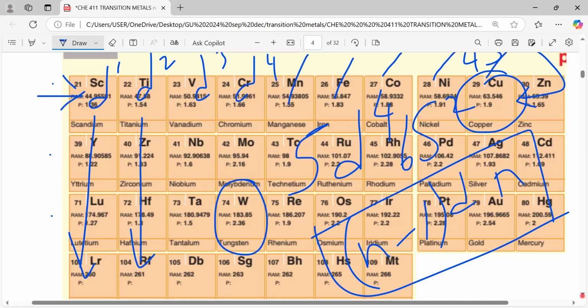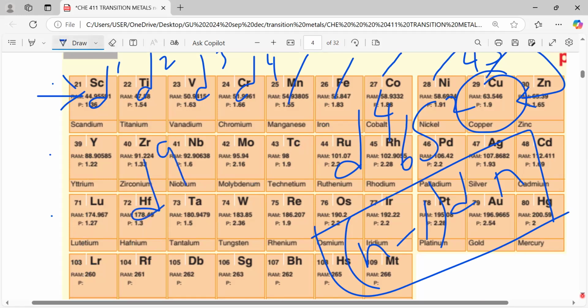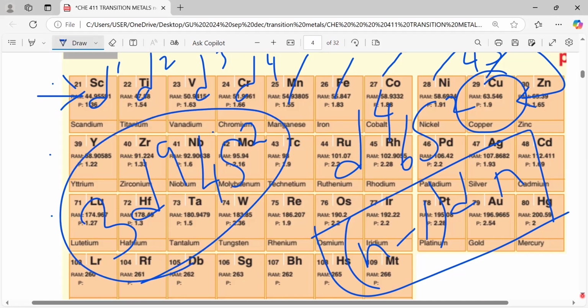Copper is therefore d9, s2. But it is in which period? 4. So it will be 3d9, 4s2. So what I've just written there is the outermost orbital, which is most important when we are studying transition metals chemistry.